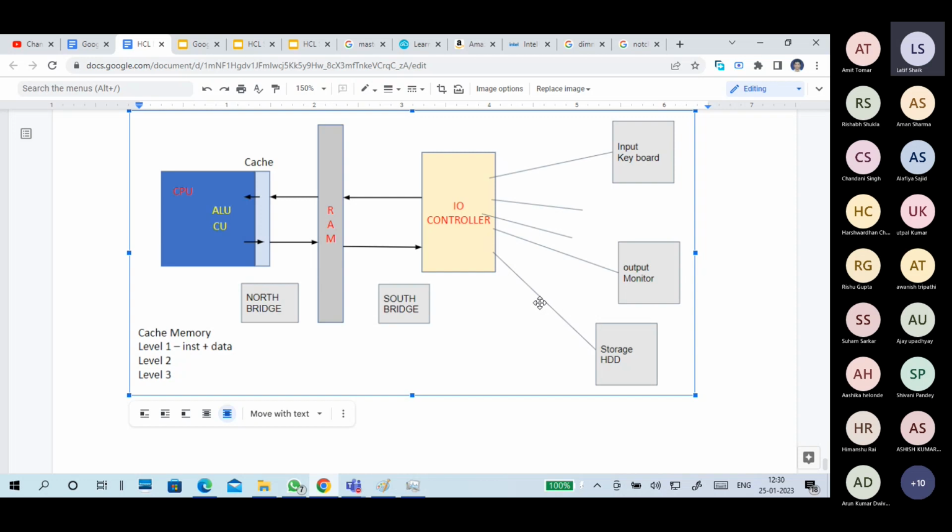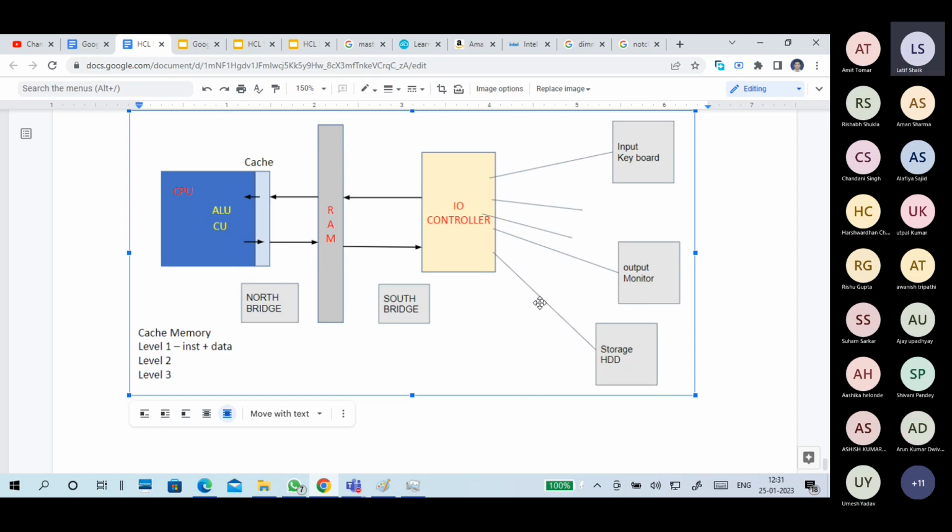The north bridge takes care of communication between the CPU and RAM, and the south bridge controls the communication between RAM, I/O controllers, and I/O devices.